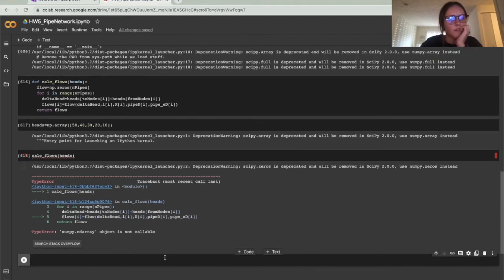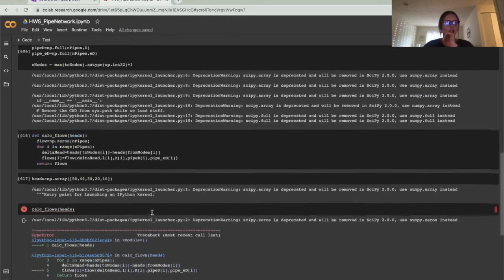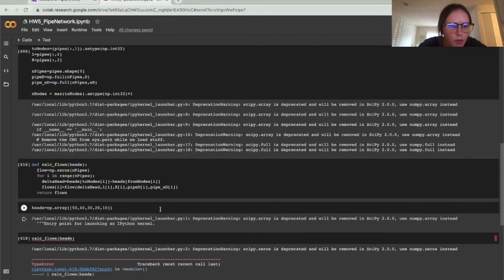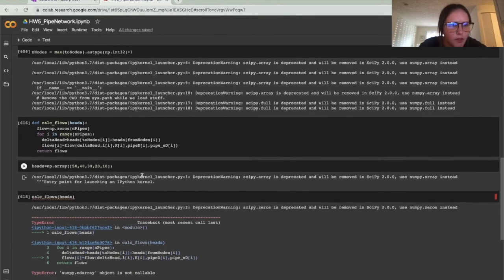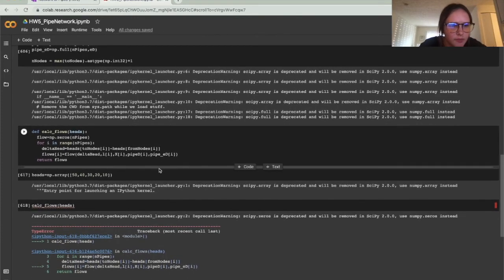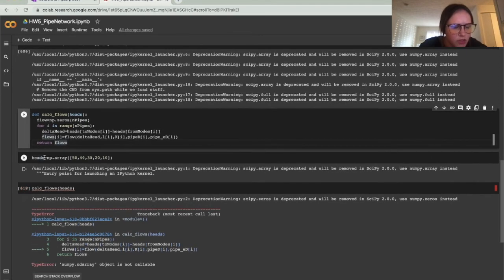And let's see. The flow. Let's see. Pipe D, pipe underscore ED. That should be fine. That's named heads, okay. Calc flows.